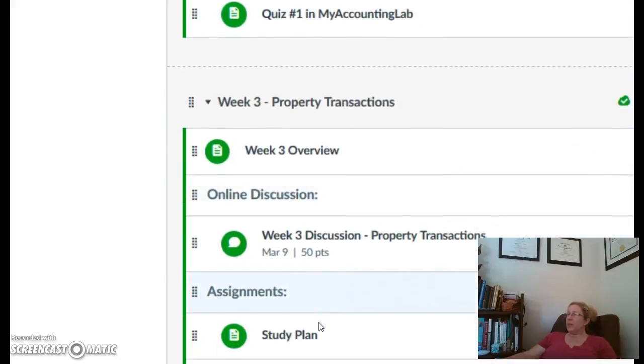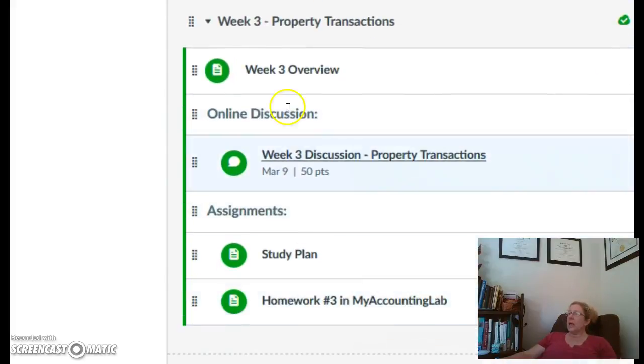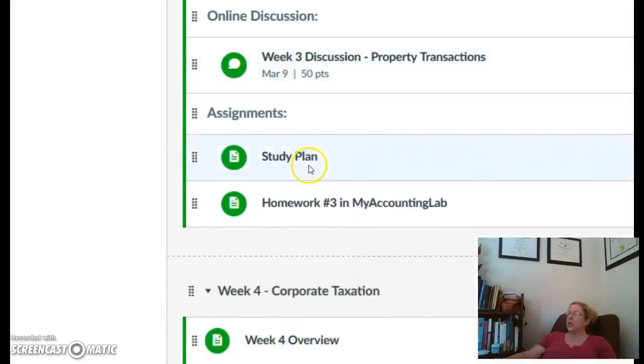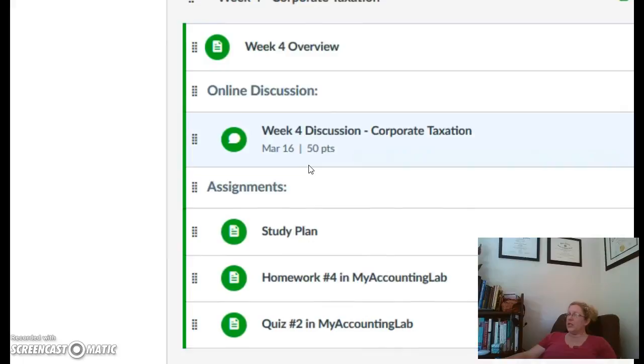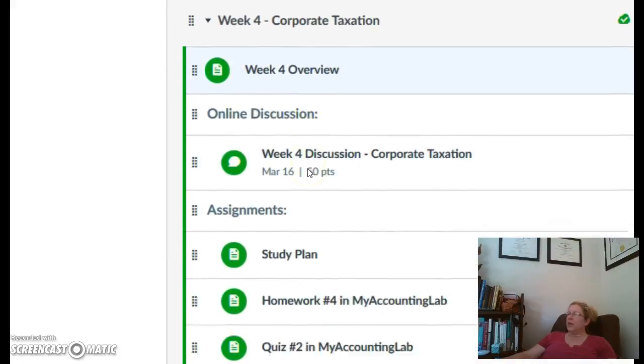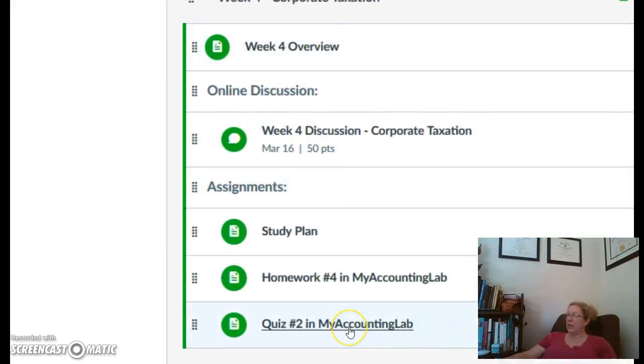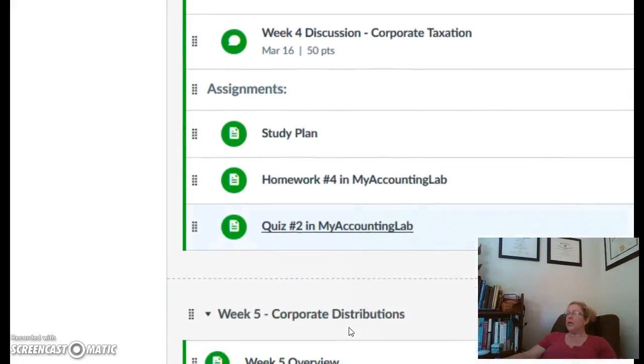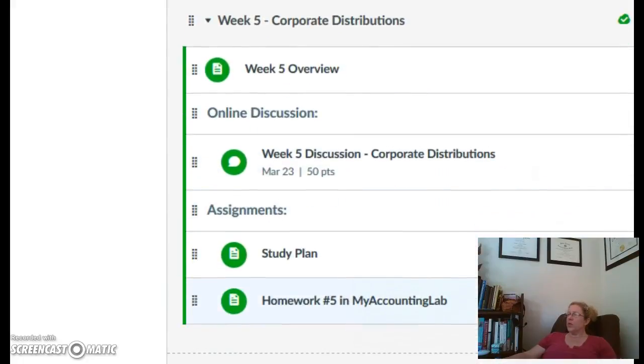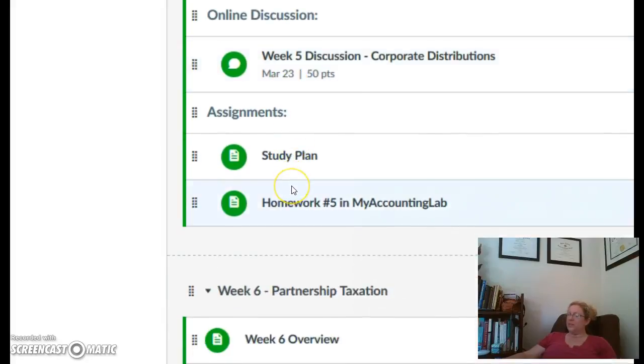Week 3 is on property transactions, and each week follows the same format. So you'll have homework number 3 in My Accounting Lab. And then in week 4, we cover corporate taxation, and we have quiz number 2 in My Accounting Lab. And then in week 5, we study corporate distributions, and we just have homework number 5, no quiz in week 5, only the even weeks have the quizzes.